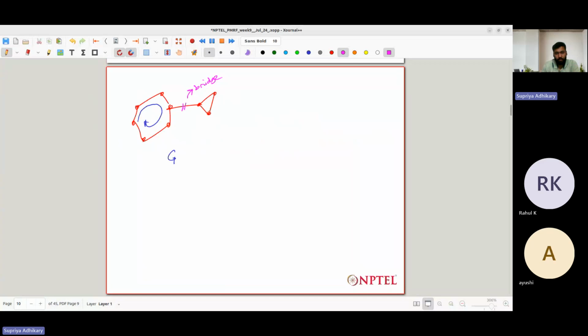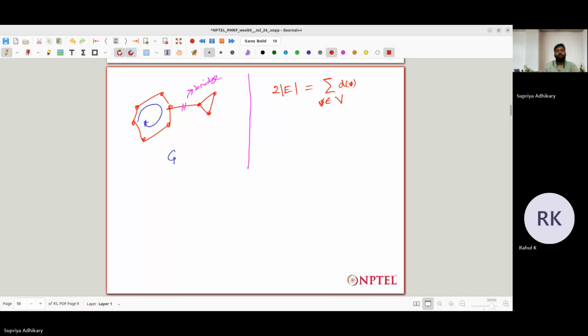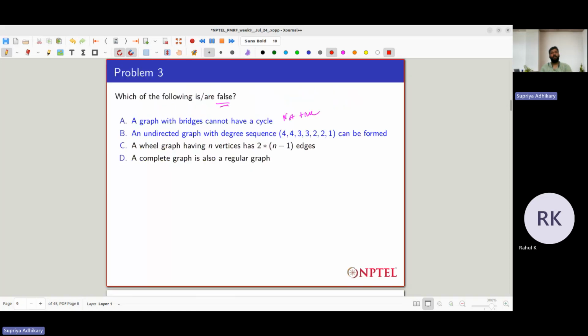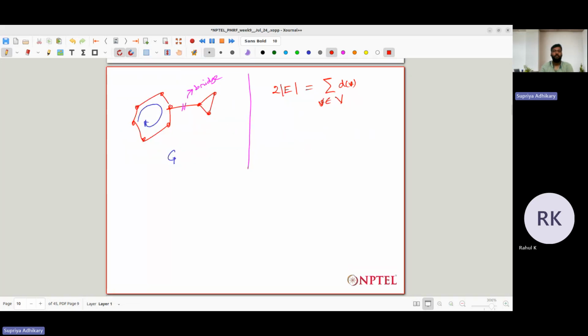To check whether a degree sequence is graphical or not, the first thing that we should check is this condition. If this is not true, then definitely this is not possible.